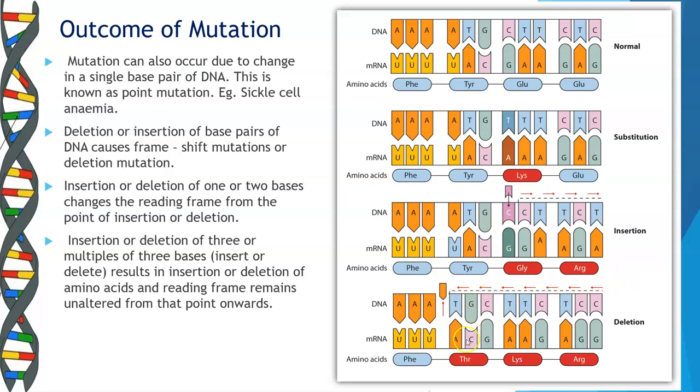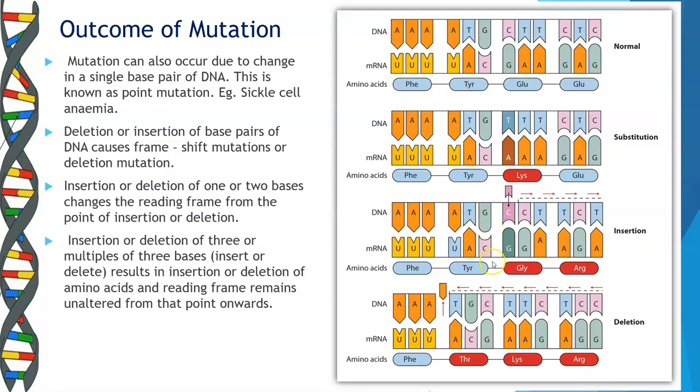As a result of this, the resultant codons change, and due to that, the resultant amino acids coded by these codons also change. So this is the expected original amino acids, and you will see in each of these cases of mutations, you have different or wrong amino acids coming, which are not expected in our original protein synthesis.